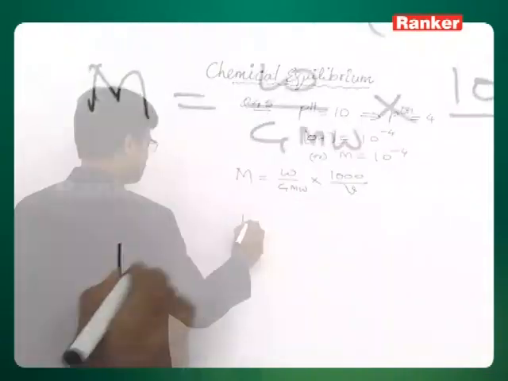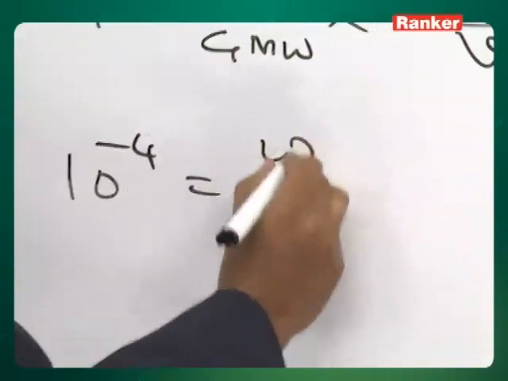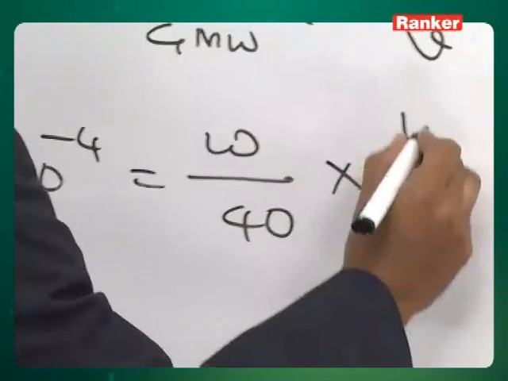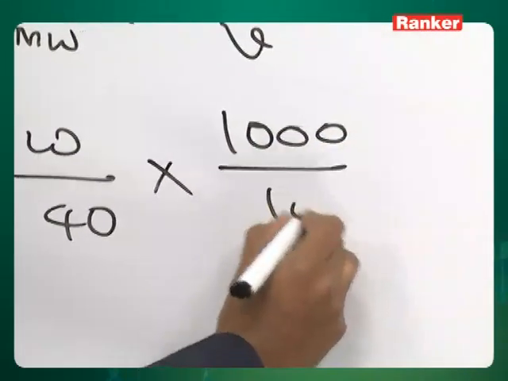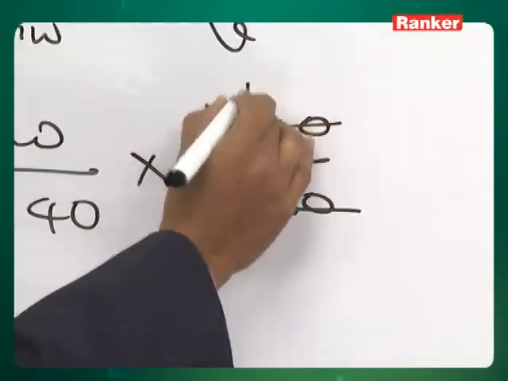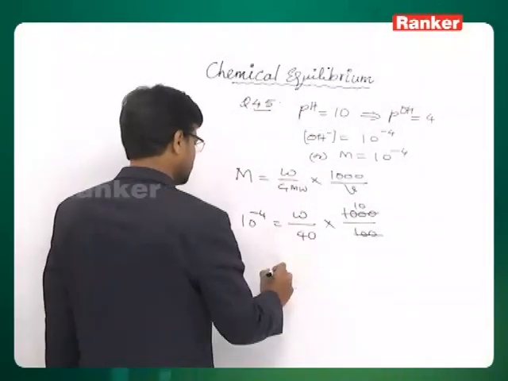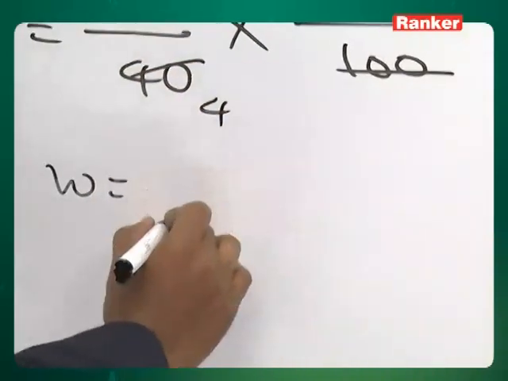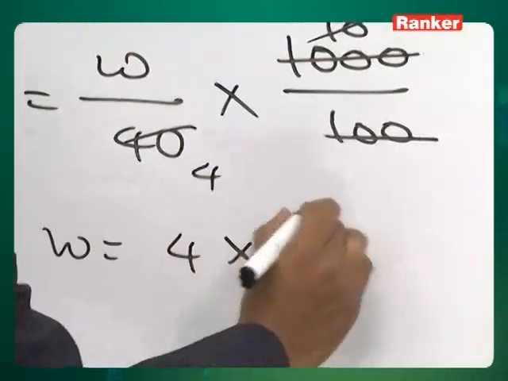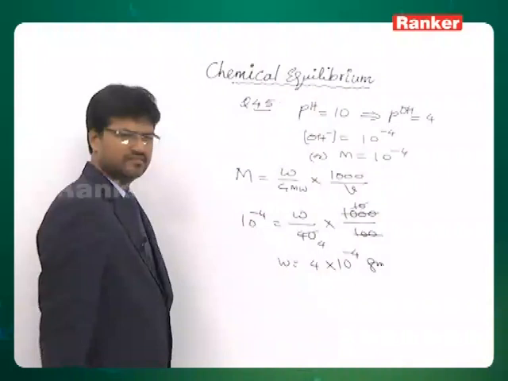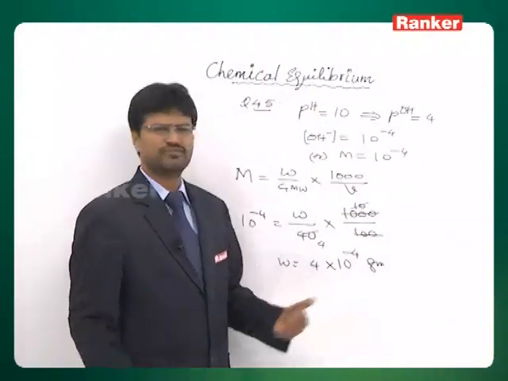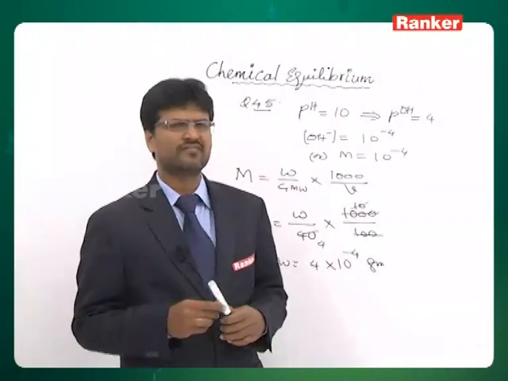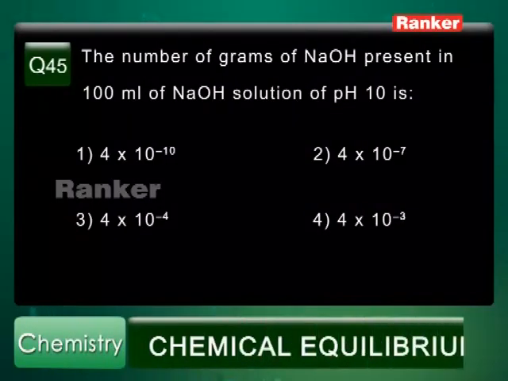So M can be replaced by 10 raised to -4. Weight we need to find out. Gram molar mass of sodium hydroxide is 40. This is equal to 1000 by 100. 100 is the volume of the solution given. So this comes to 4 into 10 raised to -4 grams. This is the weight of sodium hydroxide that should be dissolved in 100 ml solution, so that the solution will have a pH 10. So the correct answer is the third option.